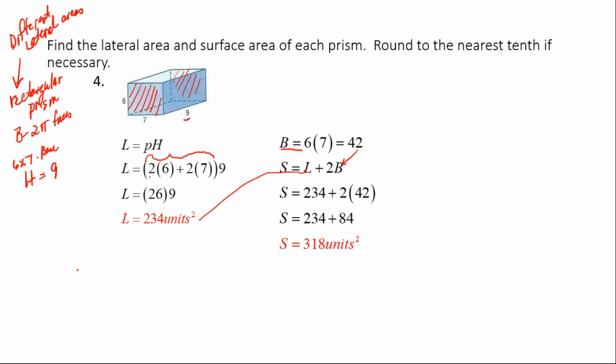Because maybe you don't like to use the front and back as your bases. Maybe you decided, I really don't like the back. I'm going to go traditional. My base is the top and bottom, which means it's a 7 by 9 base.